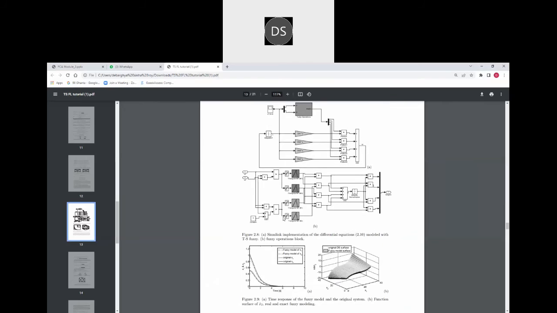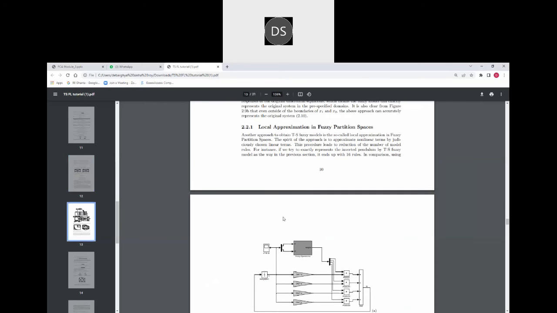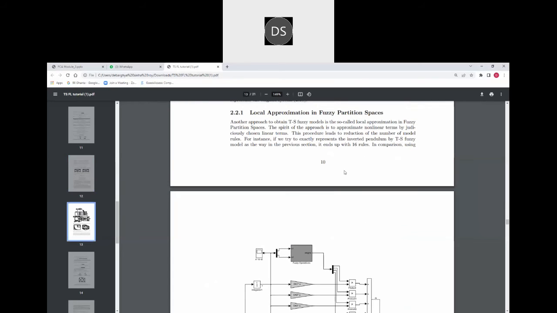Now my next topic will be local approximation in fuzzy partition spaces. In the TS fuzzy model, it is also a way to solve equations, but the key advantage here is that we can reduce the system and make it very easy. For example, take the inverted pendulum.